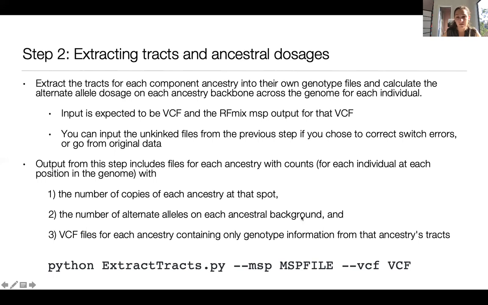Secondly, you'll get the number of alternate allele counts on each of those ancestral backgrounds. And thirdly, you'll get VCF files for each of those ancestries containing only genotype information for that ancestry's tracts. So these will be VCF files that will contain a bunch of missing data, blanking out the other ancestries. And it'll also contain some half calls for instances where there's heterozygous ancestry at a spot.